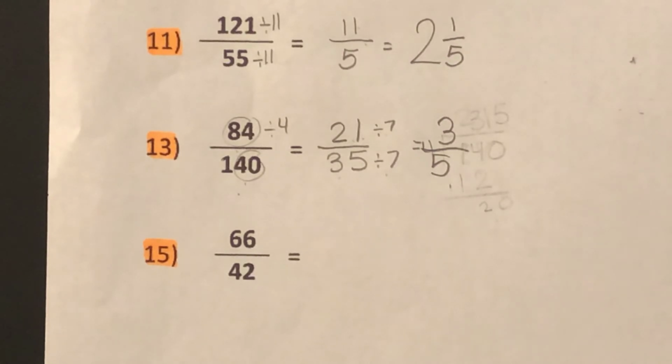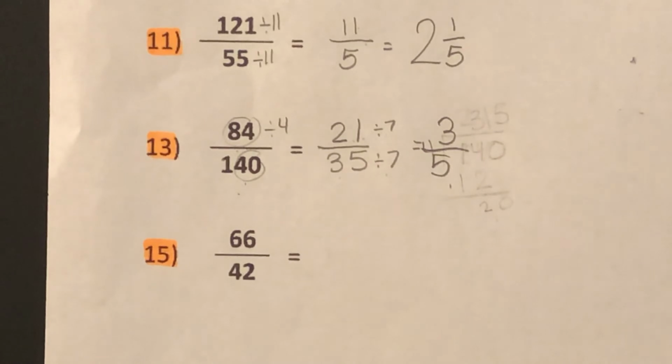I'm not going to necessarily use the biggest number I know that will go into those. Let's say that I look at that and I recognize instantly that 2 will go into it. They're both even. Yeah, we'll do 2.